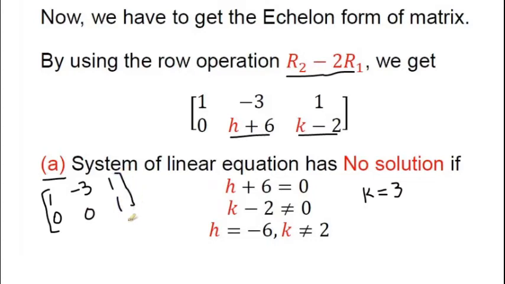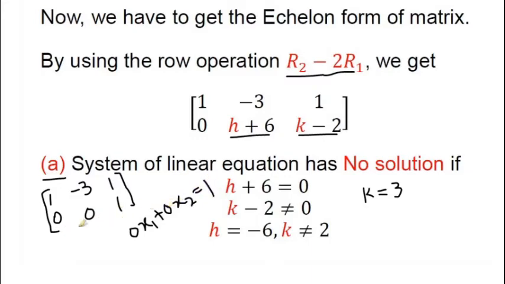So here we see that in the second row, 0 times x1 plus 0 times x2 is equal to 1.